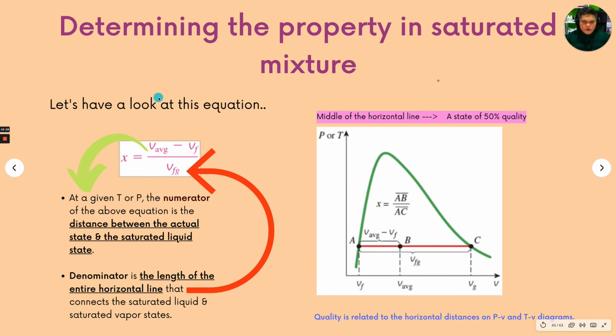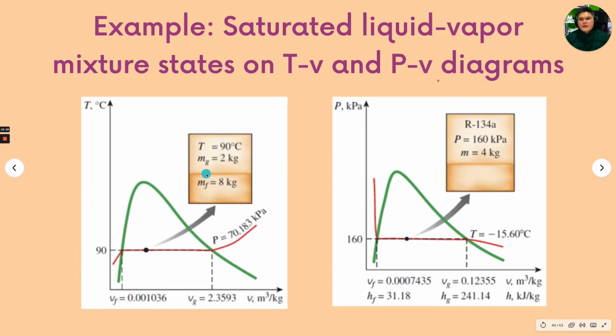If you look back at this equation, X equals V average minus VF, which is the numerator. We call it a distance, and the denominator is the length of the entire horizontal line, which is VFG.